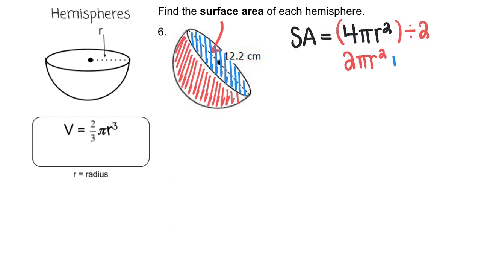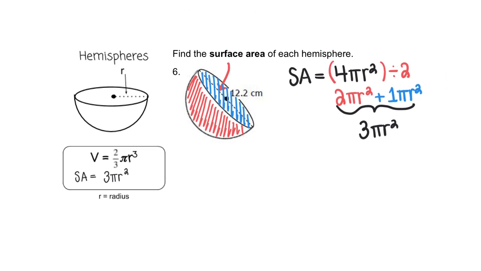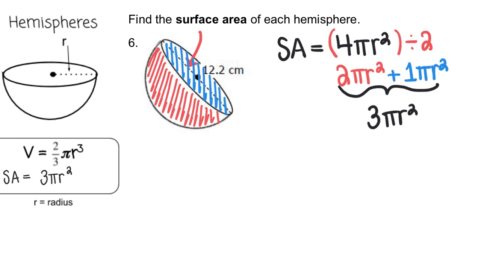So I have to add another circle, which we know how we find the area of a circle is pi r squared. So in total, I have 2 pi r squared plus 1 pi r squared, which is 3 pi r squared. So our surface area formula for a hemisphere is 3 pi r squared.